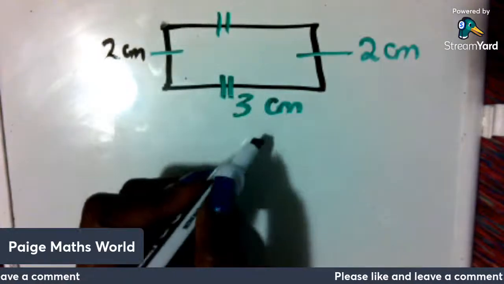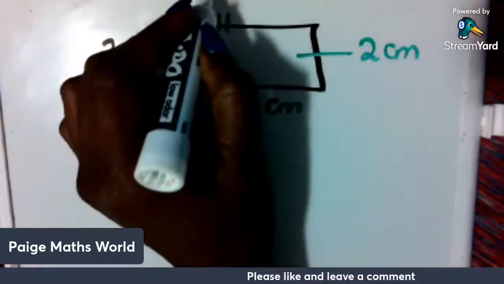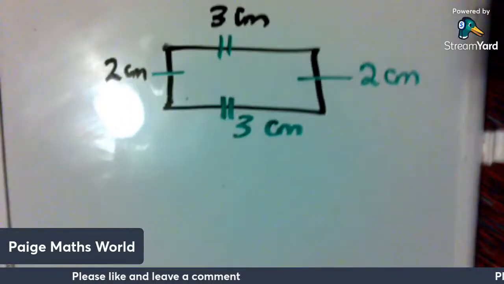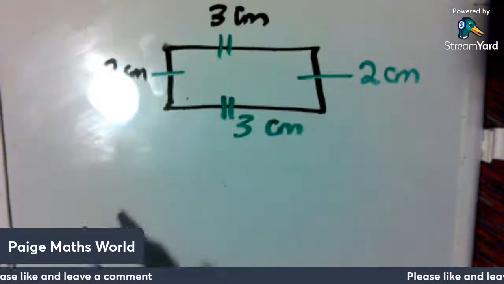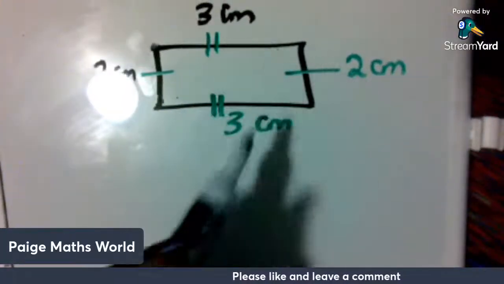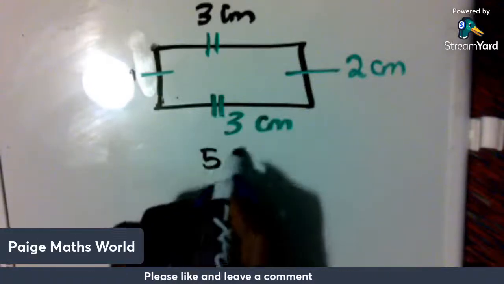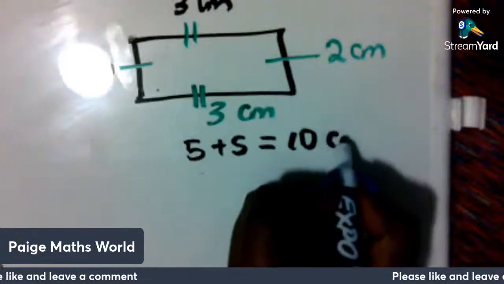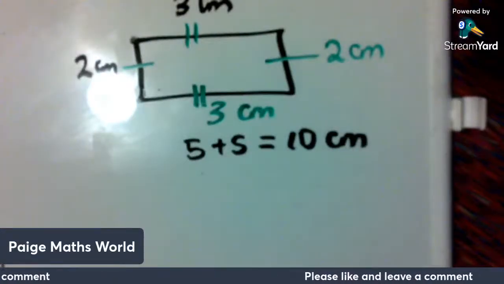And if this side is 3 centimeters, the opposite side is also 3 centimeters, right? And so we're going to be adding 2 plus 3 is 5, and 2 plus 3 is 5, so 5 plus 5 is equal to 10. So the perimeter of this rectangle is 10 centimeters.